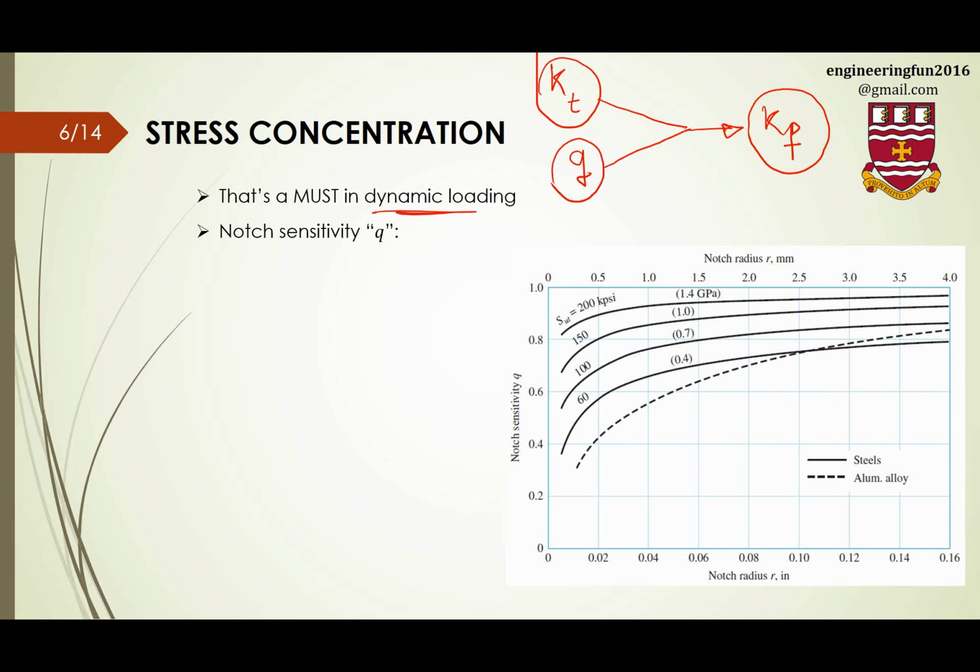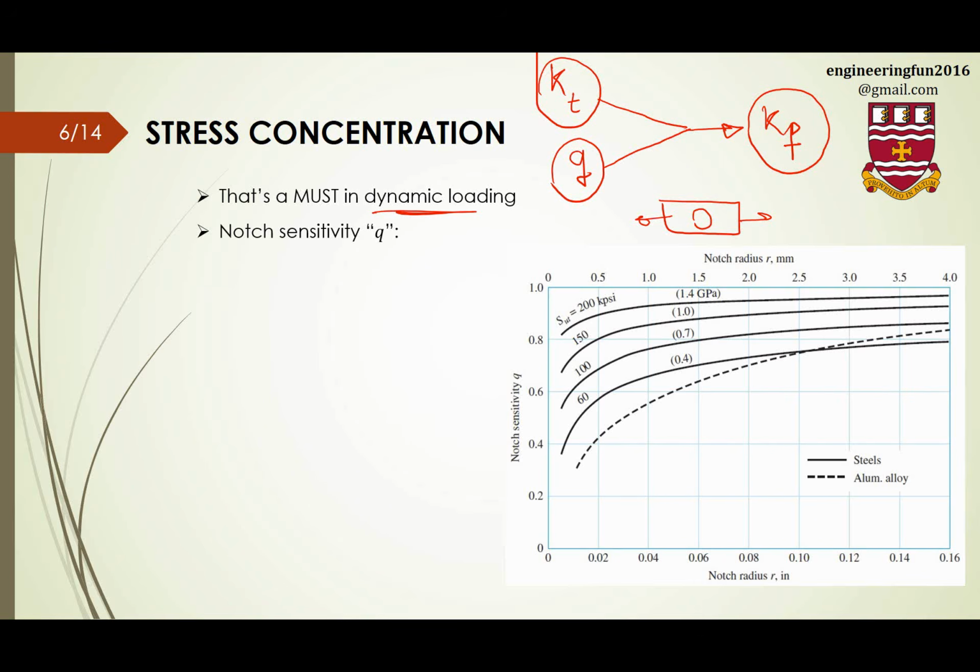One way is finding Q based on the graphs. For example, if I have a specimen like this with a hole in it and there is axial loading like that, and I want to find Q for this material, I know the radius of this notch here.